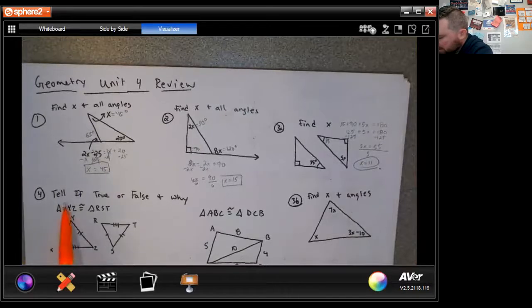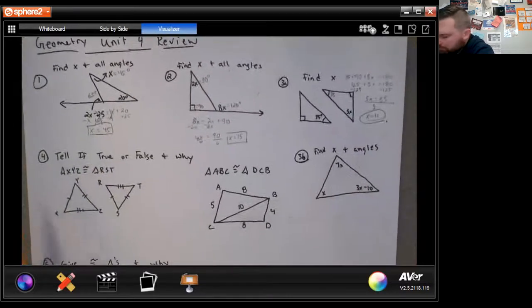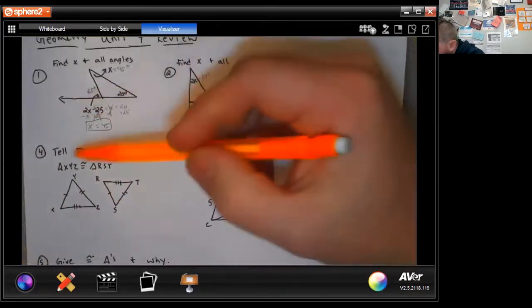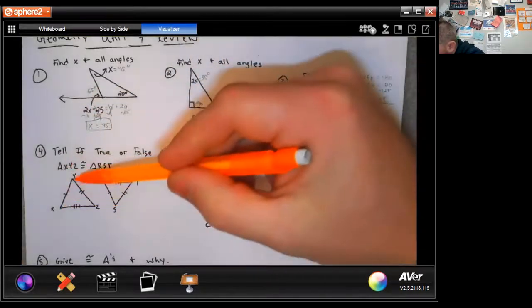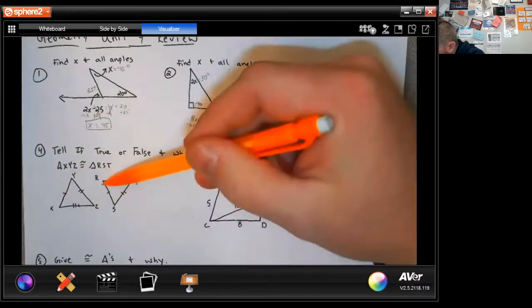Okay, tell if true or false and why. So is triangle XYZ congruent to triangle RST? So it looks like I got sides congruent. Now just look at the letters. Okay, XY, RS. So XY has 1, RS has 1.